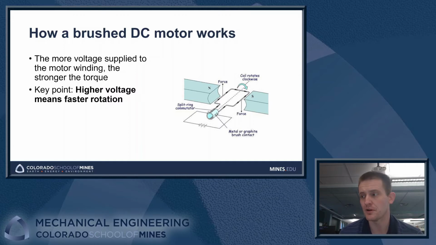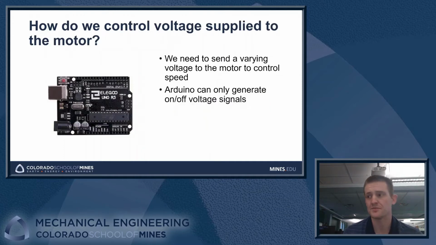So the key point is that we're trying to control the voltage going to the motor, because the higher the voltage we send to the motor, the faster it's going to rotate. All right, so now the question is, how do we send this varying voltage to a motor with the Arduino?